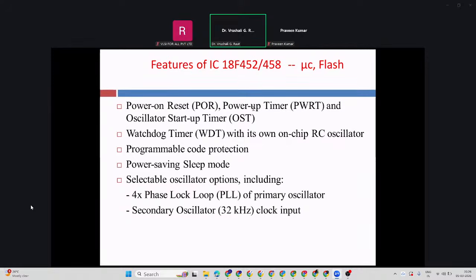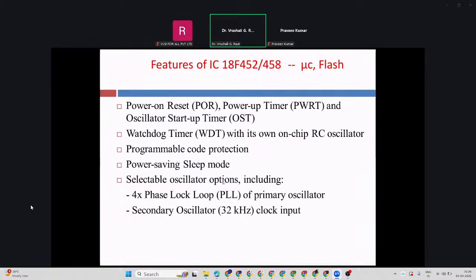Once the power is on, you can ask your timer to start, and the oscillator to start as well. These things are available there. Then there is a watchdog timer, keeping watch on timing with its own on-chip RC oscillator. Programmable code protection is there. Power saving sleep mode is there.